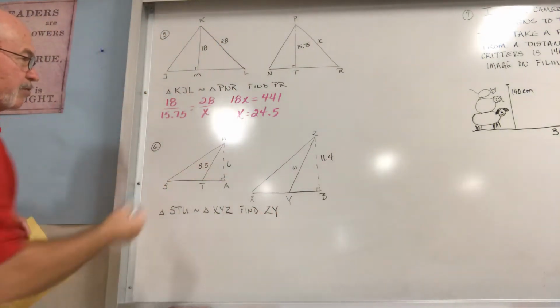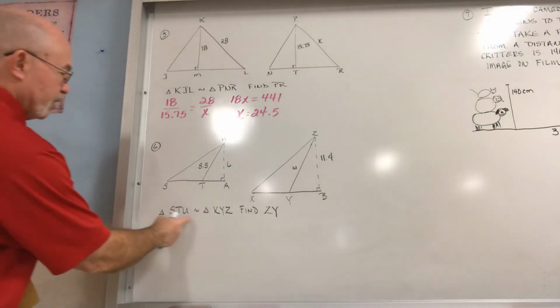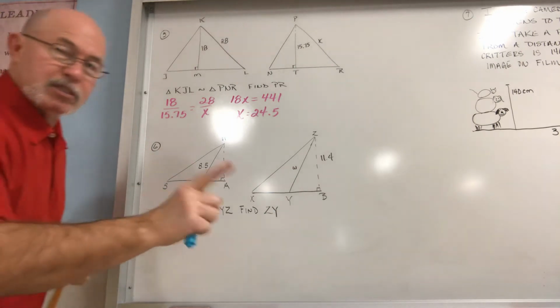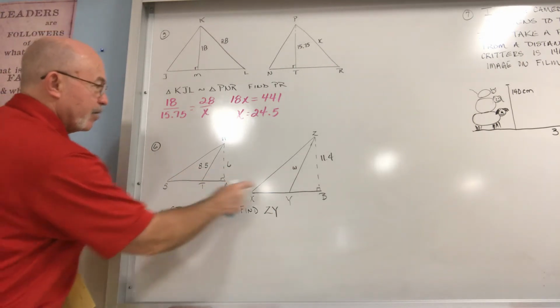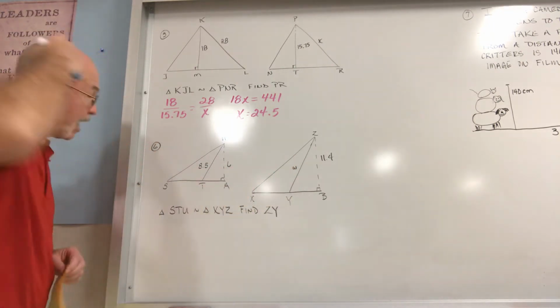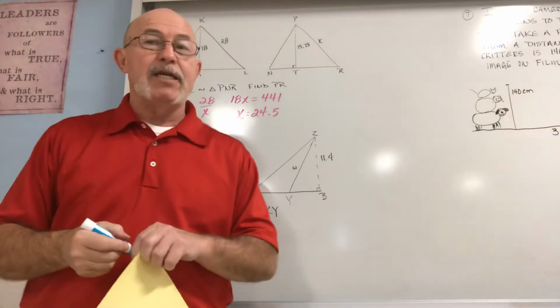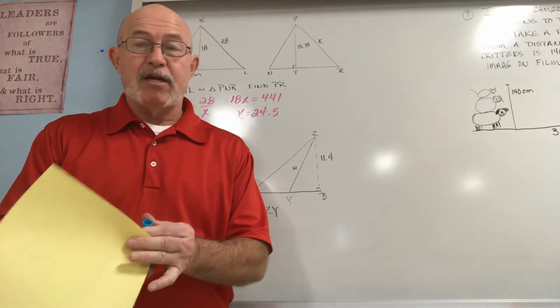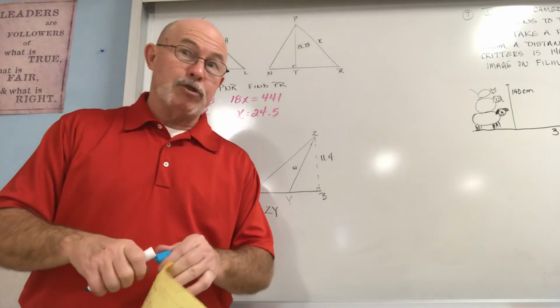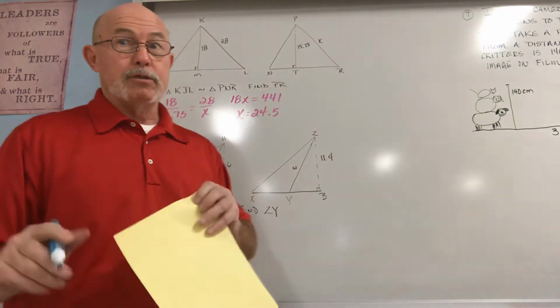Down here, dealing with altitudes. Once again, we know, and remember, this is important. This is the triangle, this is the triangle. The dotted line is an auxiliary line. It's just there because that's on an obtuse triangle, where you are going to find your altitude.